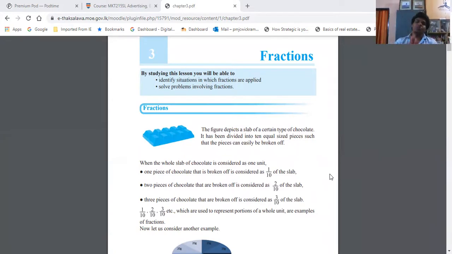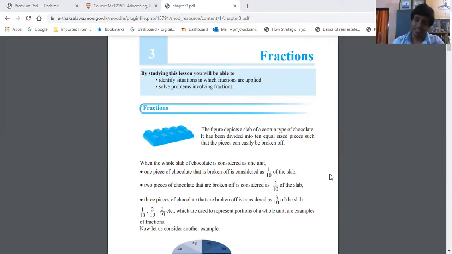The figure depicts a slab of a certain type of chocolate. It has been divided into 10 equal size pieces, such that the pieces can easily be broken off and shared with your friends. One piece of chocolate that is broken off is considered as 1/10 of the slab. Two pieces can be called 2/10 of a slab.